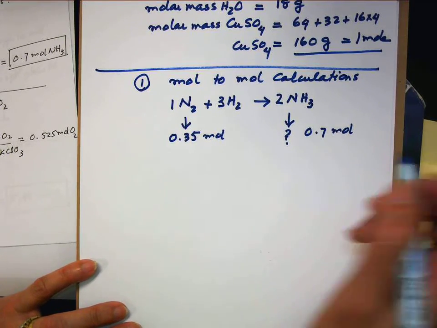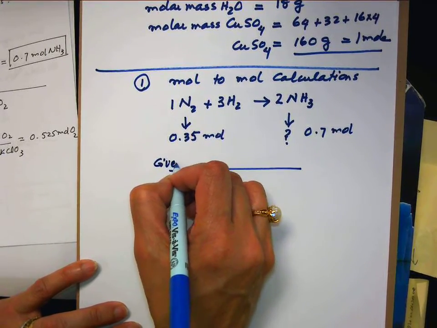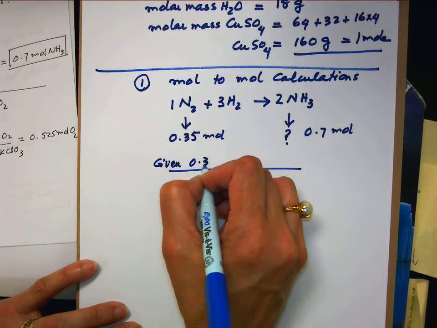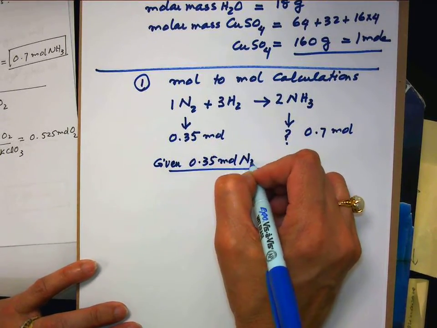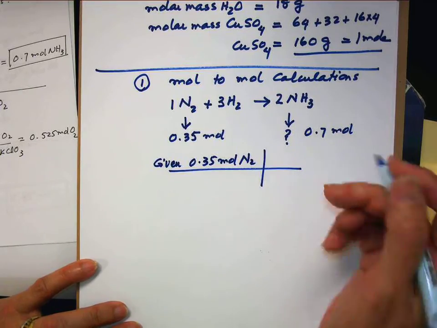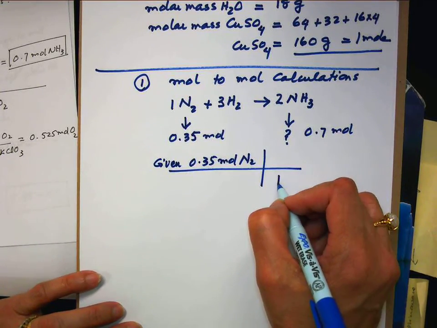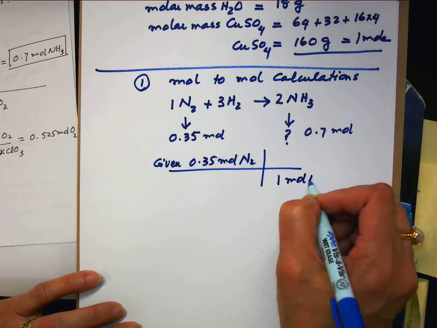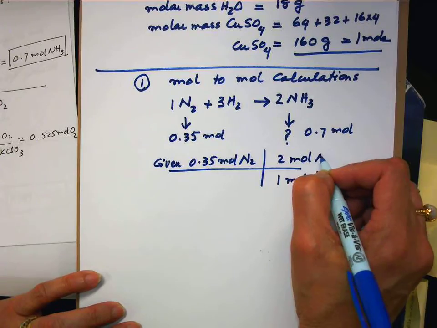Twice as much. Or you can write it this way. Whatever is given here, you're going to write 0.35 moles of, you have to write what it is, nitrogen. All right? Now, the ratio of nitrogen to ammonia is 1 to 2. So 1 mole of nitrogen is 2 moles of NH3.